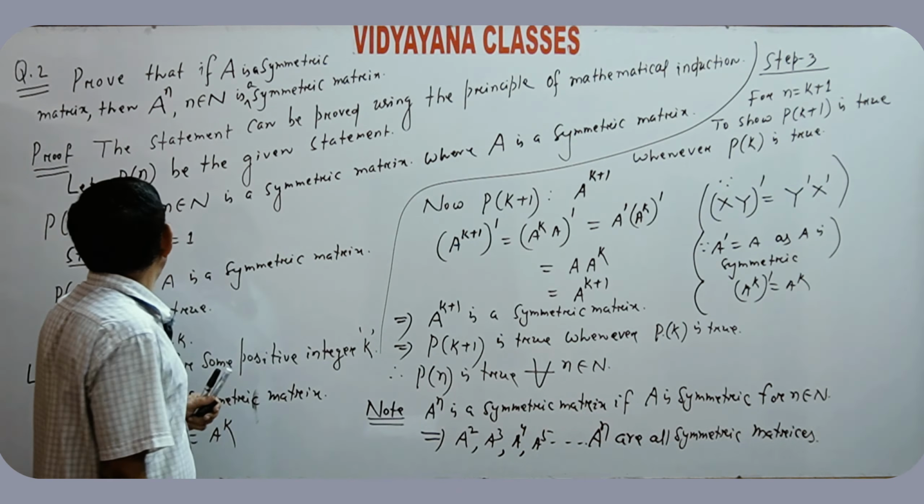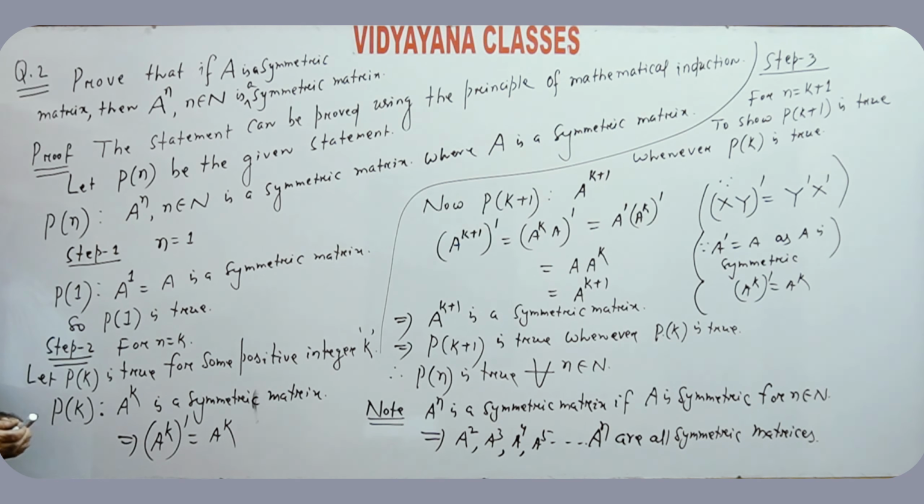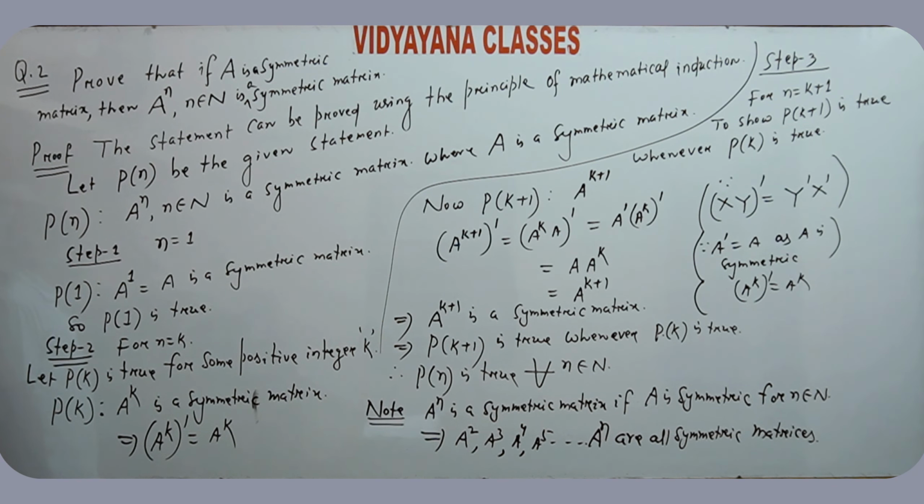As n is a natural number, for n equal to 2, A square is a symmetric matrix, n equal to 3, A cube is a symmetric matrix, n equal to 4, A to the 4 is a symmetric matrix. Similarly, A to the n are all symmetric matrices since n belongs to capital N. Clear? No doubt?